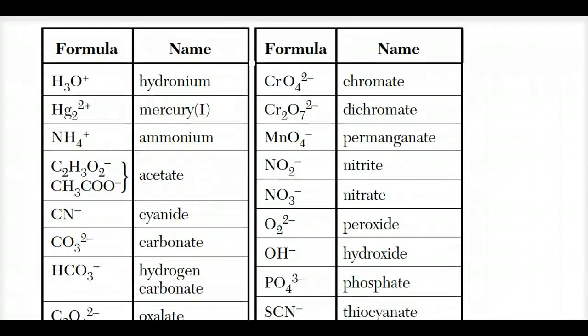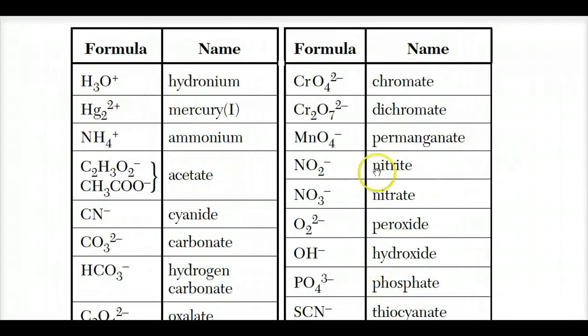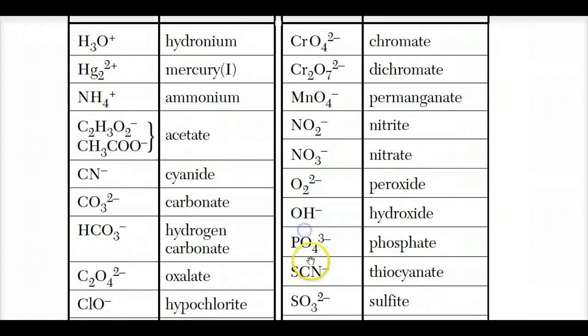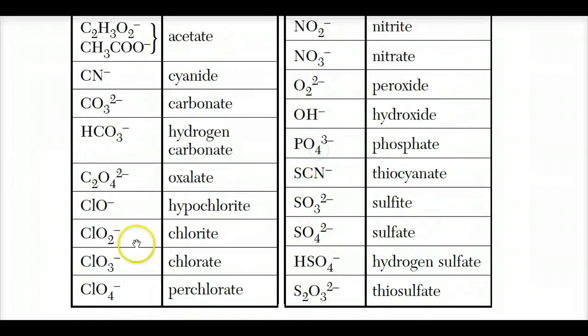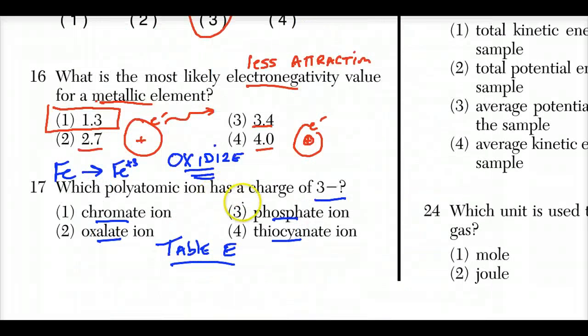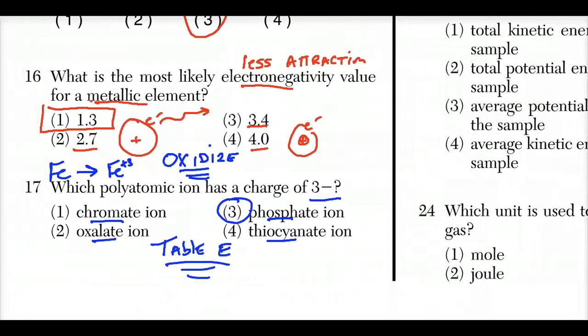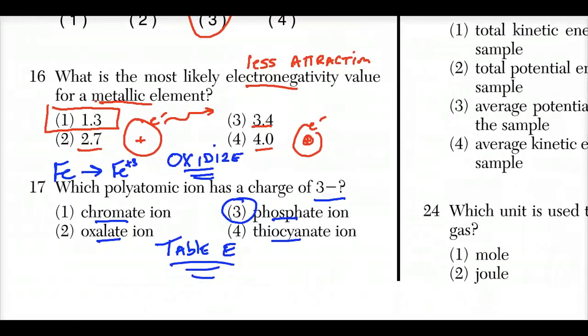Okay, so we have chromate, we have oxalate and thiocyanate. This thiocyanate's -1, oxalate's -2, chromate's -2, and of course, just looking up phosphate, -3, and there's your winner. So the phosphate ion. Well, what the heck is that table? All right. So let's go on to 18.